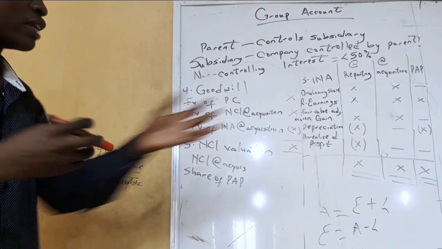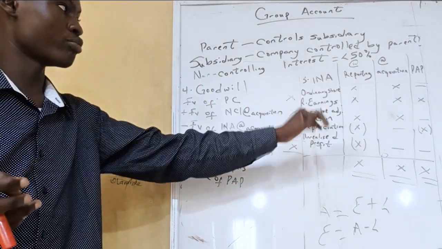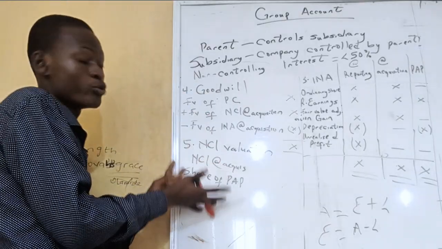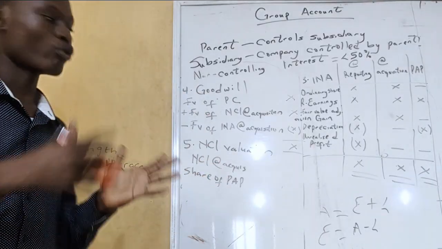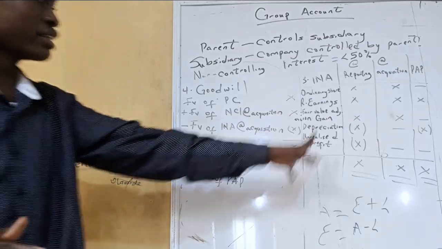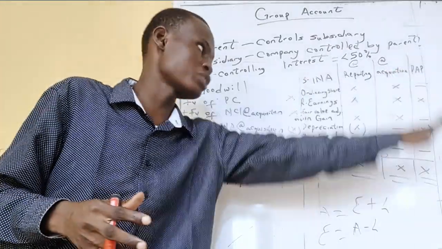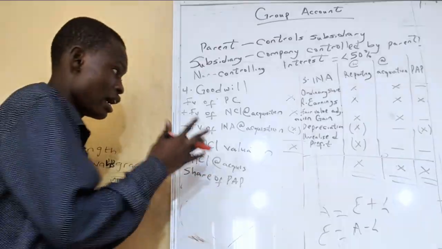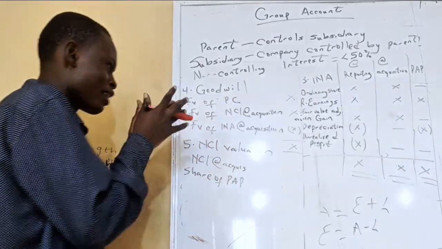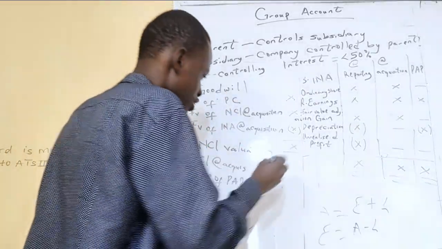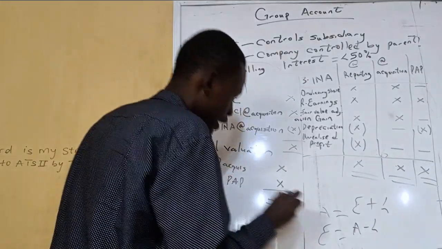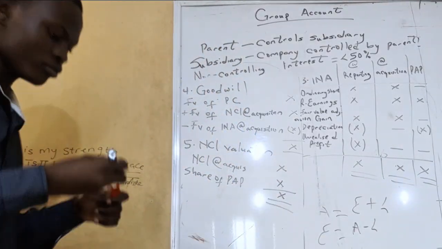And normally, this fair value adjustment, depreciation and unrealized profit, you can actually come and do it here, but then you'll have to do it for NCI only. But since I've already done it here to get my post-acquisition profit, I can just use my post-acquisition profit directly and I'll calculate my NCI valuation. So you add this plus this to give you your NCI valuation.